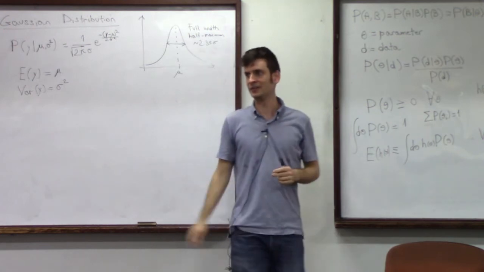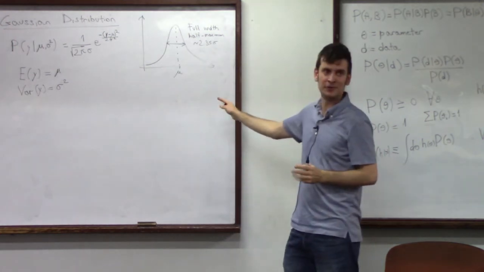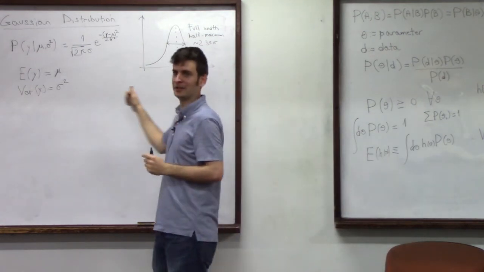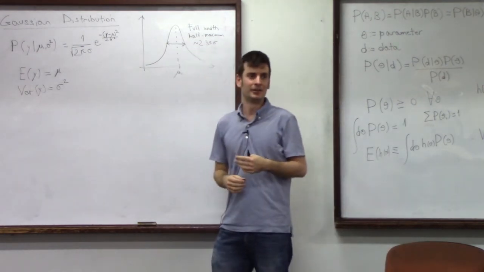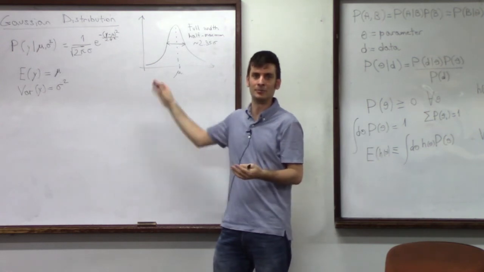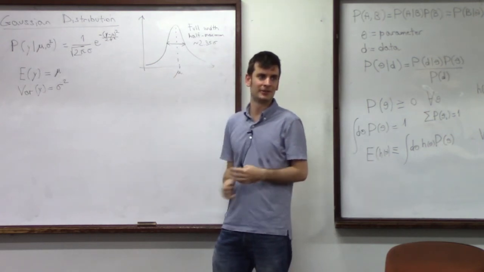Now this is a very useful distribution for two reasons. One, because it makes computations very easy. In the next few days, a lot of the problems that I'm going to use will be based on the Gaussian distribution.